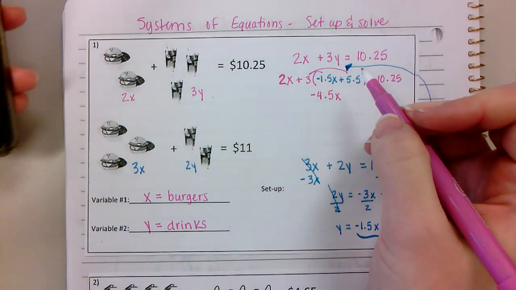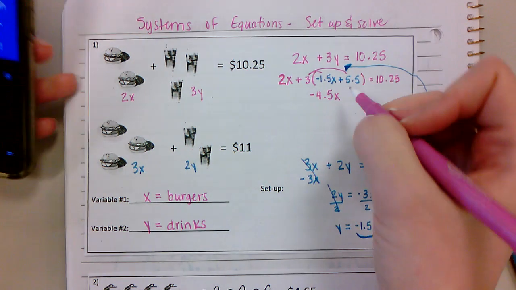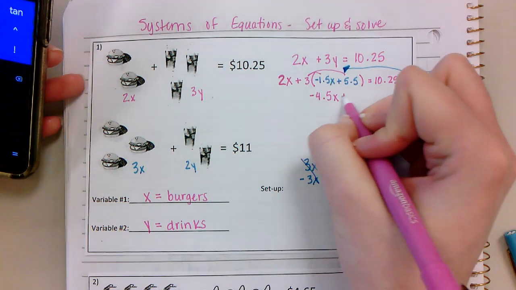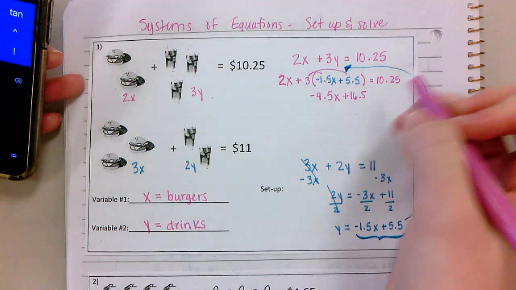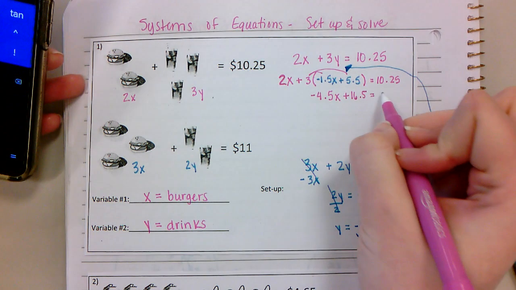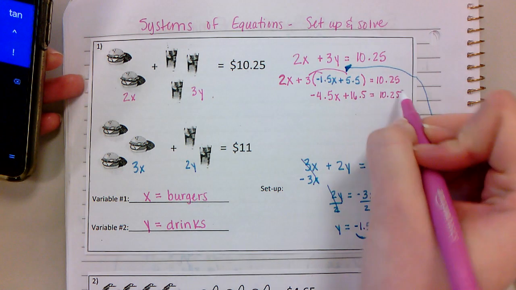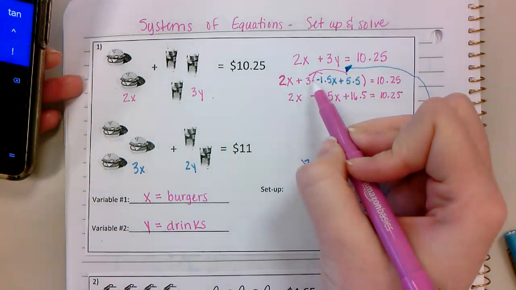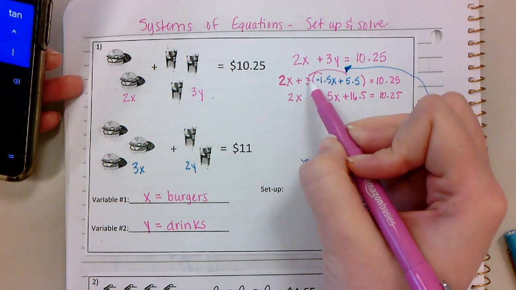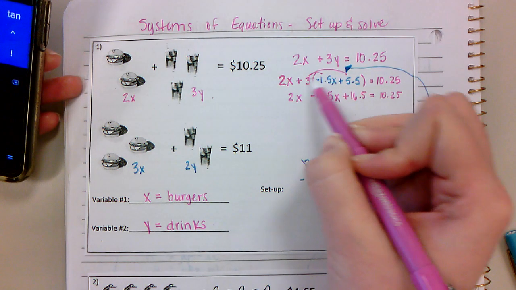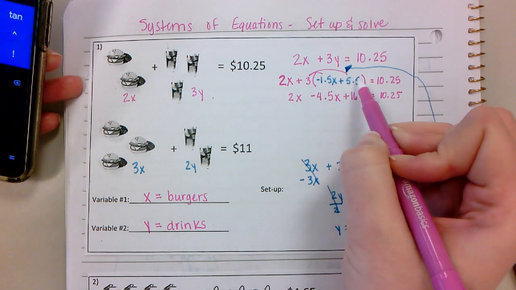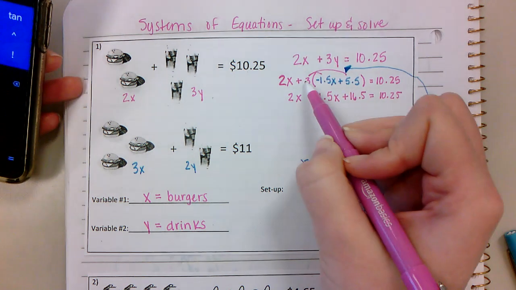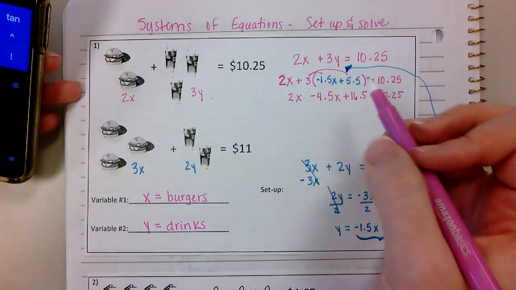And then 3 times 5.5 is positive 16.5. And then we'll bring down the 1025 and bring down the 2x. I don't need to bring this down because this was distributed to this. So this times this gave me that. This times this gave me that. So don't bring this back down again when you've already used it.